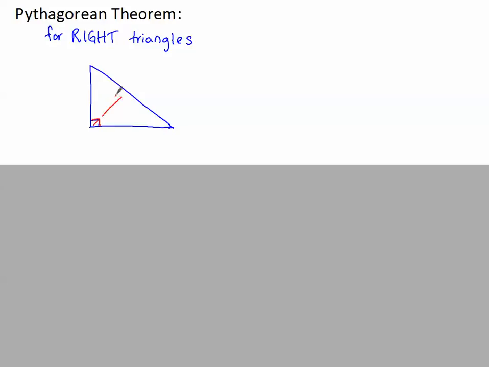Use that right angle like an arrow. There's the hypotenuse. The legs, the sides adjacent to the right angle, the sides touching the right angle, we'll label as A and B. And we write the Pythagorean theorem, C squared equals A squared plus B squared. There's a reason that we always put the hypotenuse, or C, first. We'll get to why that's important later.